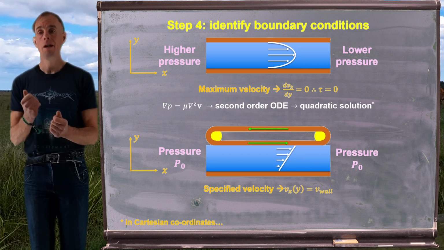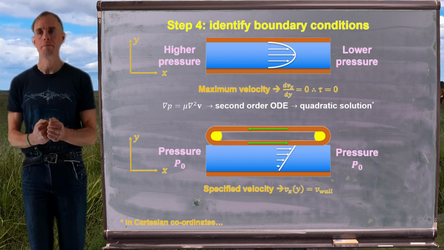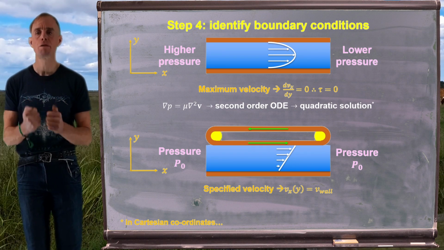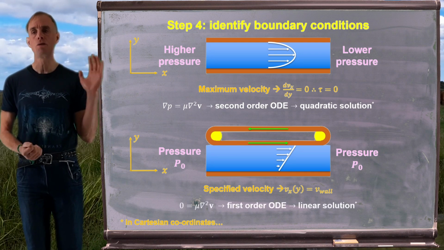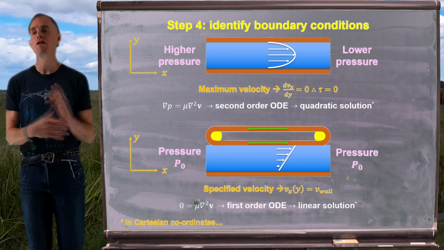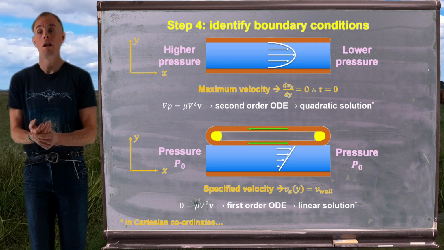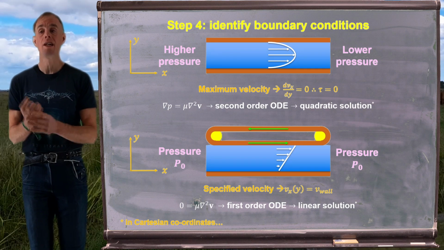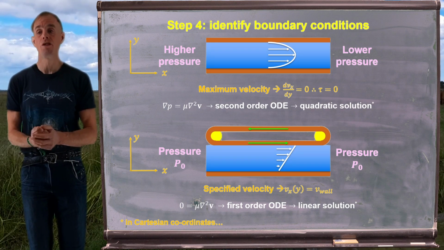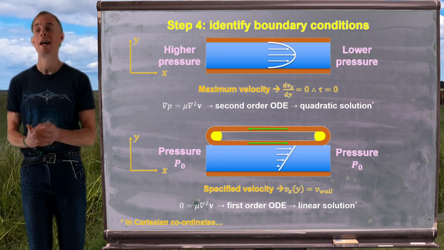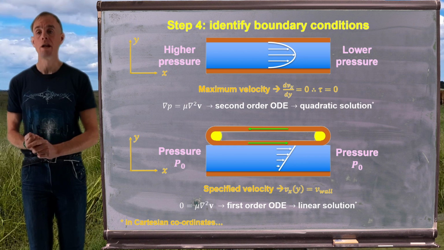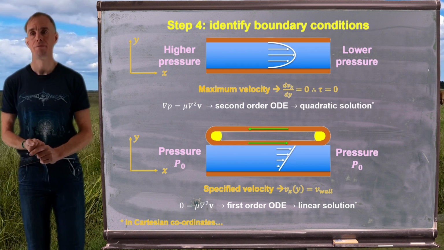And at the bottom, the fluid's stuck to the wall, but the wall's stationary. We also have 0 pressure gradient. So if we think of the equation we're solving, we are now solving an equation where every term of grad p is 0. And so all we're solving is mu del squared v equals 0, which actually just gives us a first order ordinary differential equation. And in Cartesian coordinates, we end up with a linear solution.